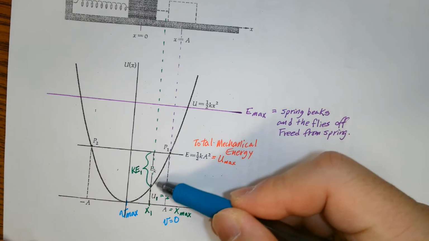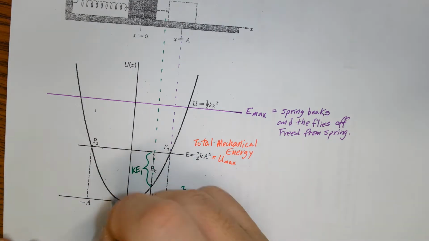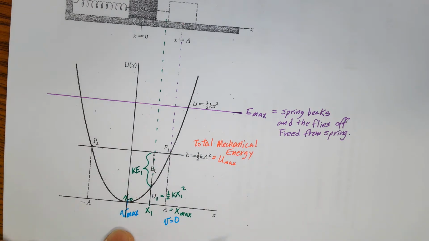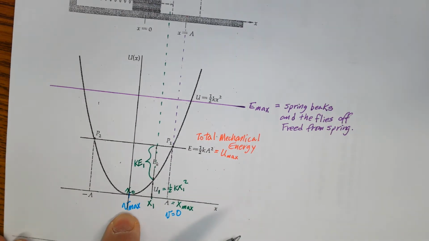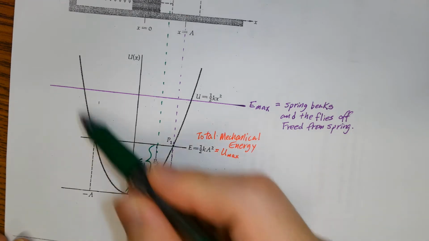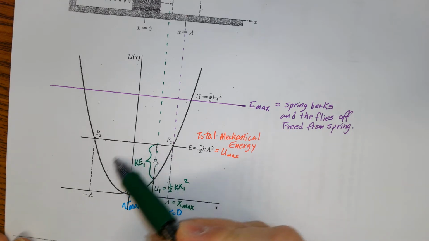And as it approaches your equilibrium point, which is x naught, your kinetic energy is maximum at this point, and your potential energy is zero. So if I were to draw a kinetic energy function for this, it'll be like that.